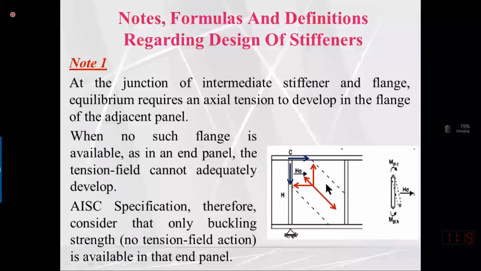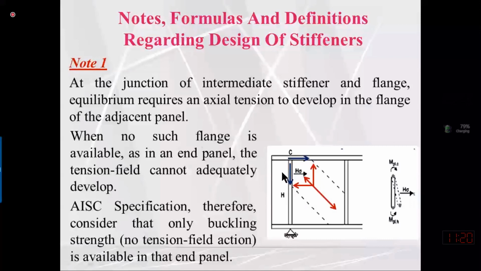The horizontal component of the tensile force developing in this strip is balanced by the resistance offered by the flange, and the vertical component of this tensile force is balanced by the compressive forces developed in the intermediate stiffener.